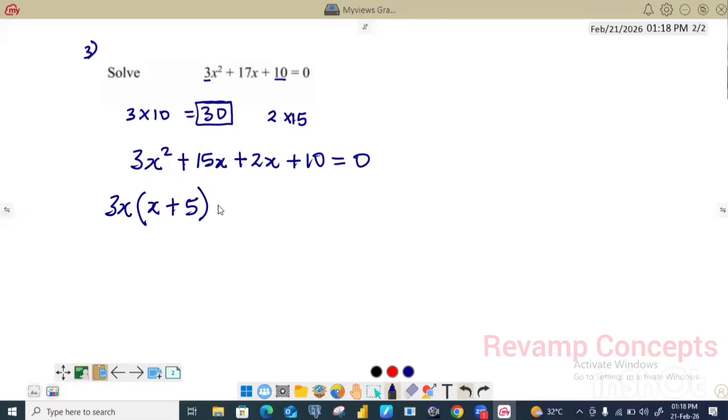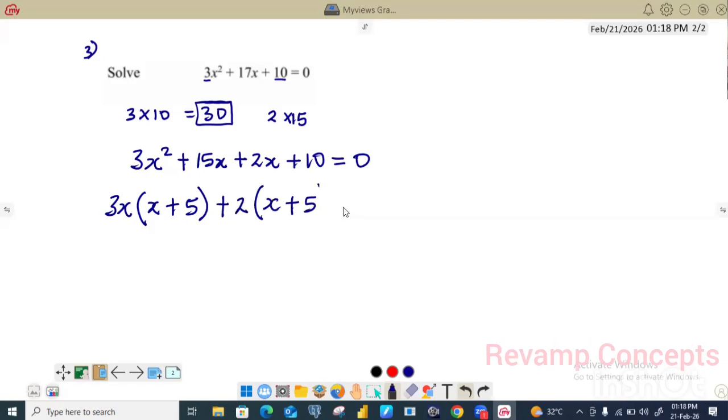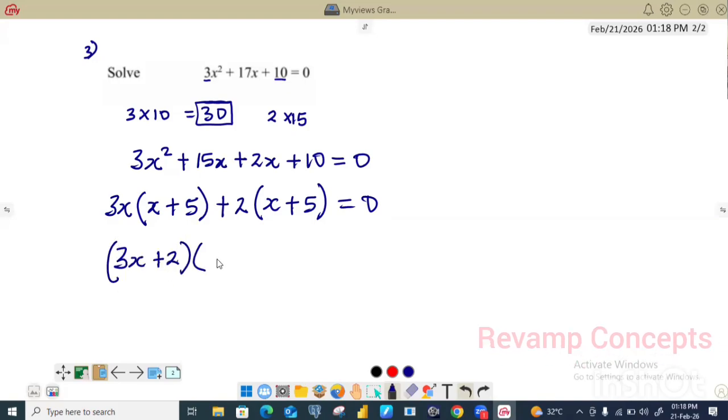Now for the other part, we are going to have 2 as a factor, and we have x plus 5 as well. Since we have x plus 5 and x plus 5 in the brackets, you are going to just pick one of them and pick what is outside the brackets, that is 3x plus 2 and x plus 5 equal to 0.